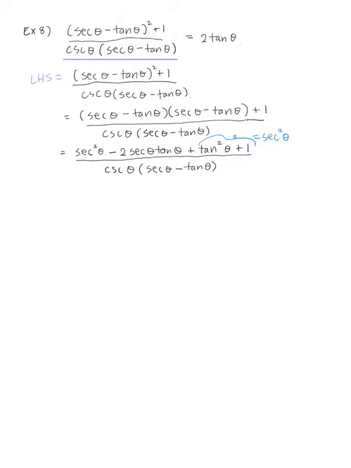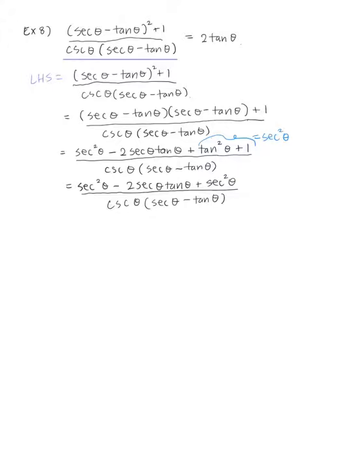So don't worry, I'm going to write everything out. So what do we got? We have secant squared minus 2 secant tangent and plus secant squared of theta, whole thing over cosecant and secant minus tangent.